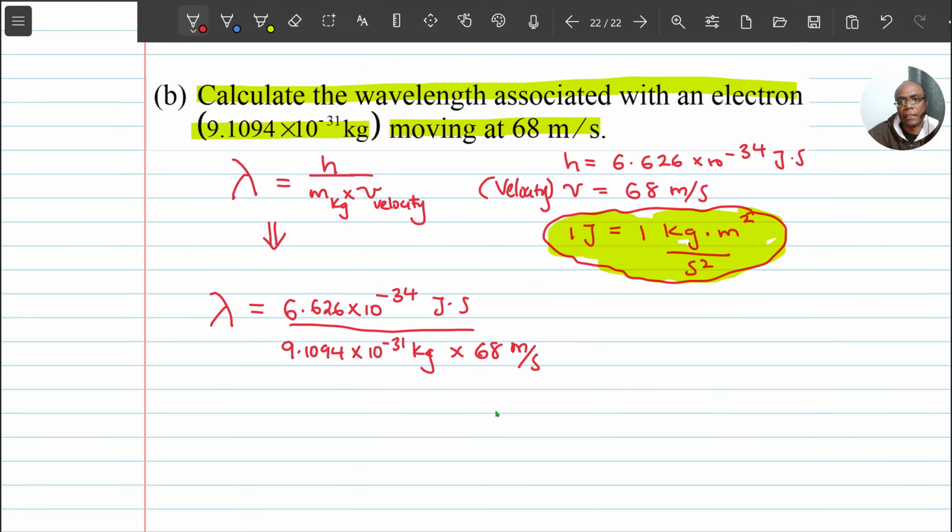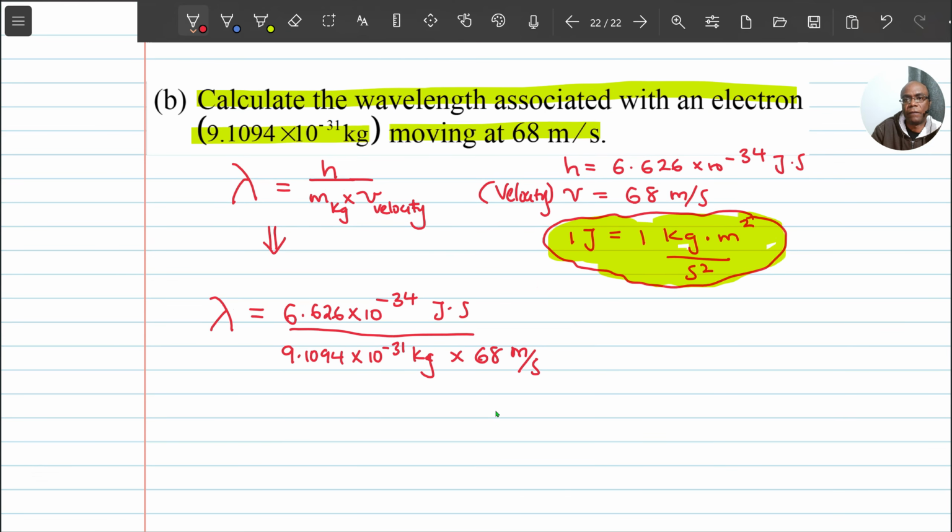Now, as you can tell, we need to find the wavelength, meaning our final answer should be in meters, but we have kg, we have joules, they will never cancel out. So this J here has to be converted to that group of SI units.